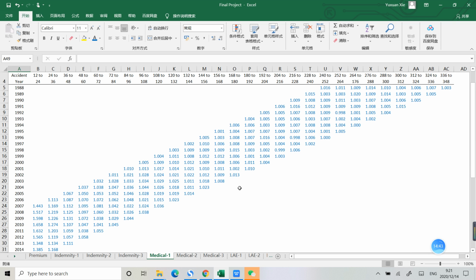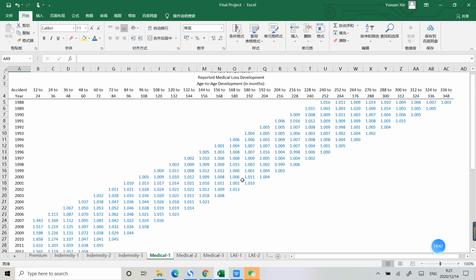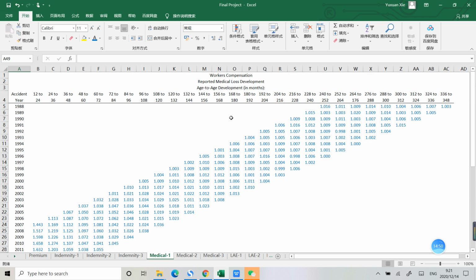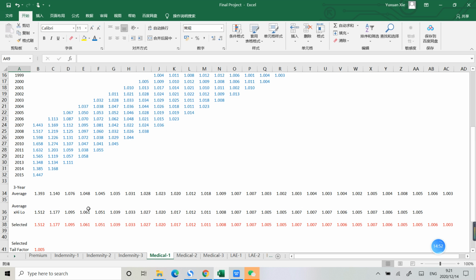It is based on the all-year average, based on the age-to-age development, and the 3-year average and average excluding high-low. We use the same way to calculate as the numbers in the indemnity sheet.